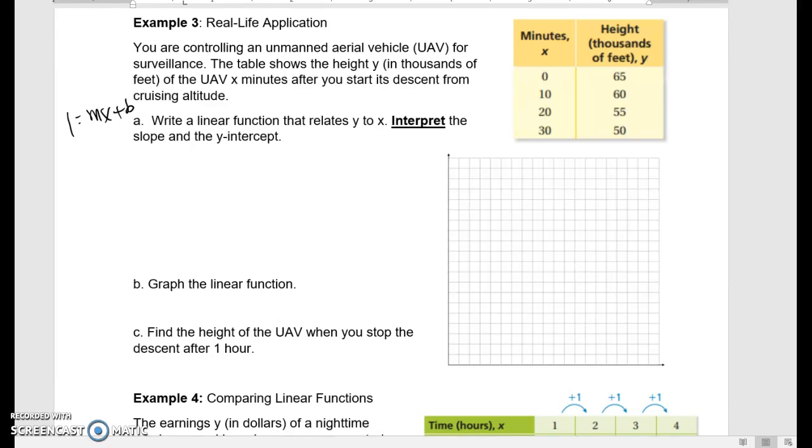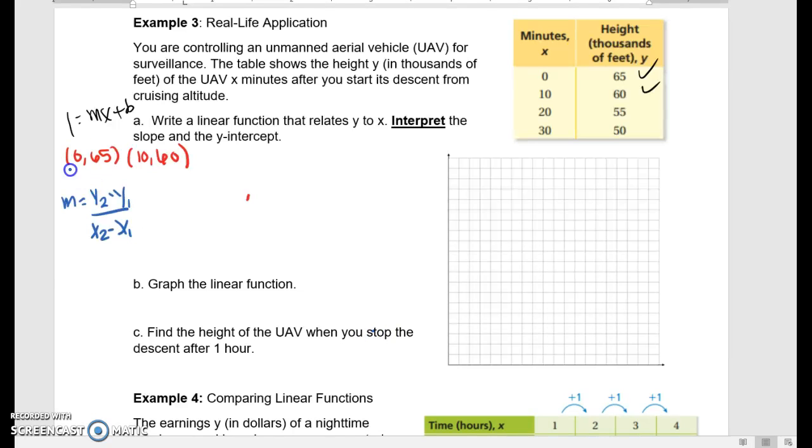For my slope, I'm just going to pick the first 2 points and do my y2 minus y1. The points I have picked are 0, 65 and 10, 60. No, it does not matter which points you pick. These are just the points that I happen to pick. Then your equation is y2 minus y1 over x2 minus x1.